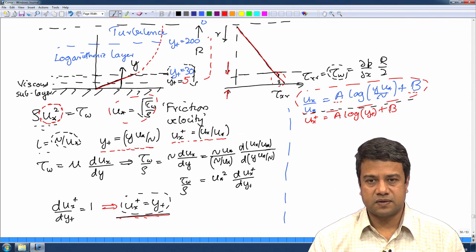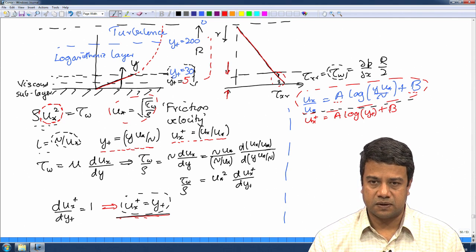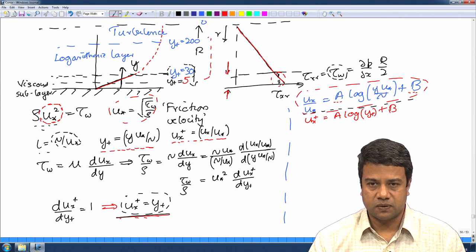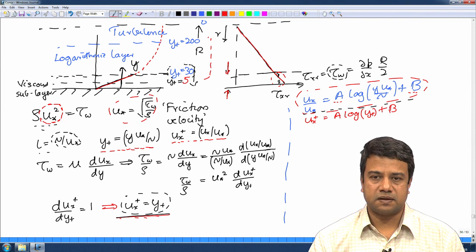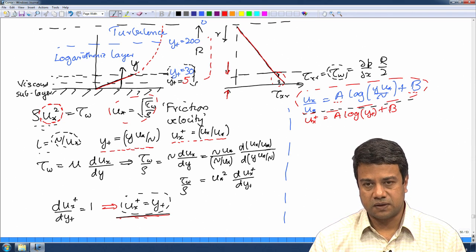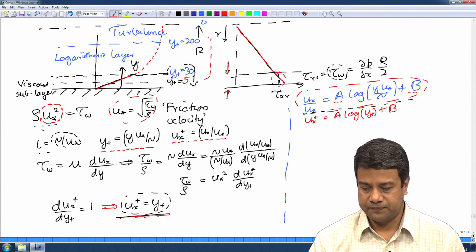Similarly, the size of those eddies has to decrease to 0 at the wall, and therefore, you have a thin region close to the wall called the viscous sublayer, where the flow is viscous, laminar, where transport takes place due to molecular diffusion rather than due to turbulent dispersion.